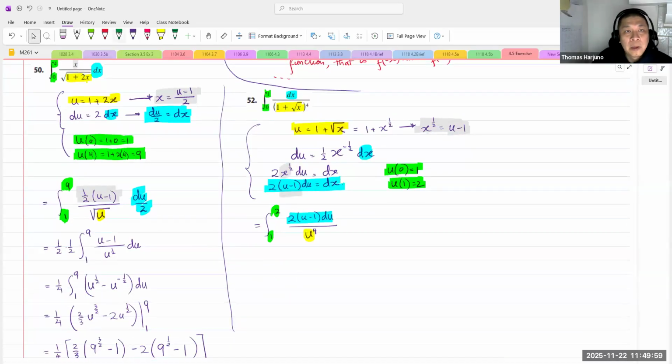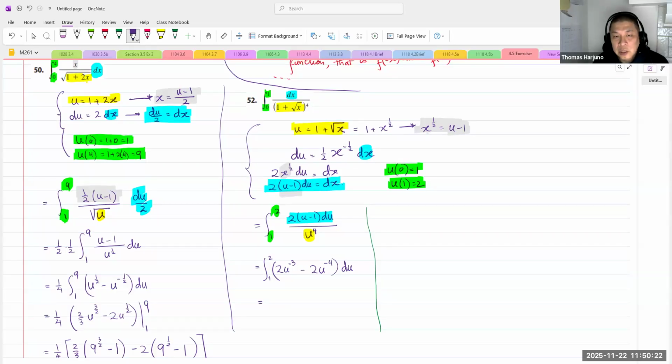Now, before I go on with this integration, which I believe you can just do yourself. You can, but I will do it also for you. This is actually the integral of 2u to the negative 3 minus 2u to the negative 4 du. Is it right? Or you can factor the 2 out yourself, right?